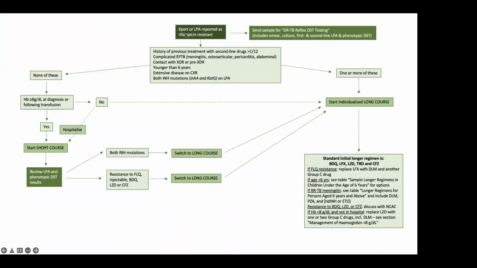So basically, once you have diagnosed rifampicin resistant TB from the lab, you must send a sample for DRTB reflex.